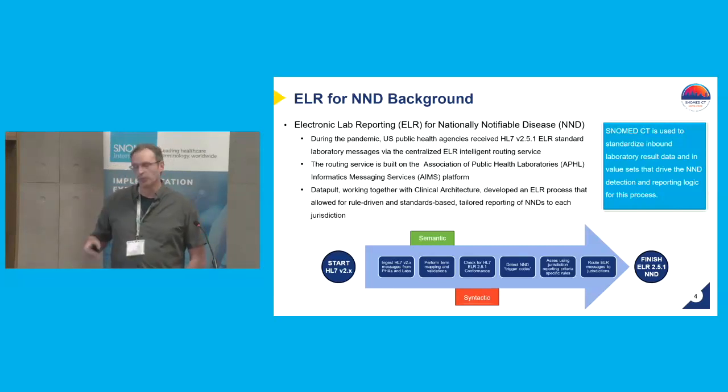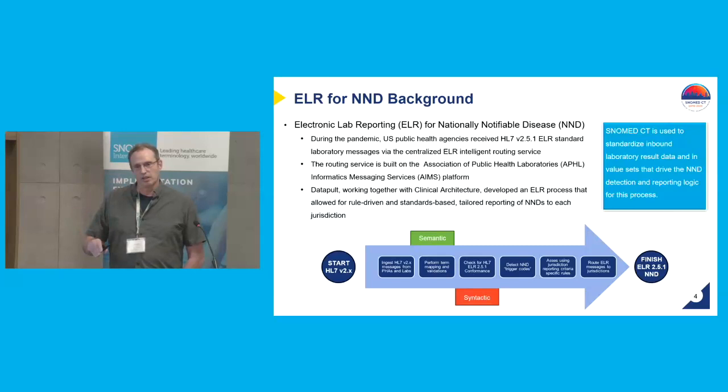Okay, so basically, during the pandemic, messages started to be uplifted from inbound HL7 messages to be 251 ELR compliant messages. The routing of those messages was through the ELR intelligent routing services. So this is something that's hosted by APHL and the AIMS platform. And working together with Datapult, we took on a project to build a flow for those messages.